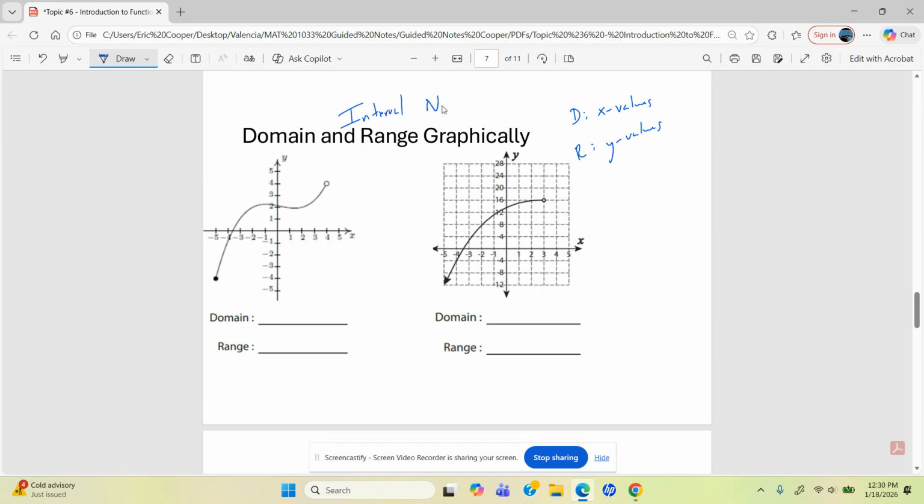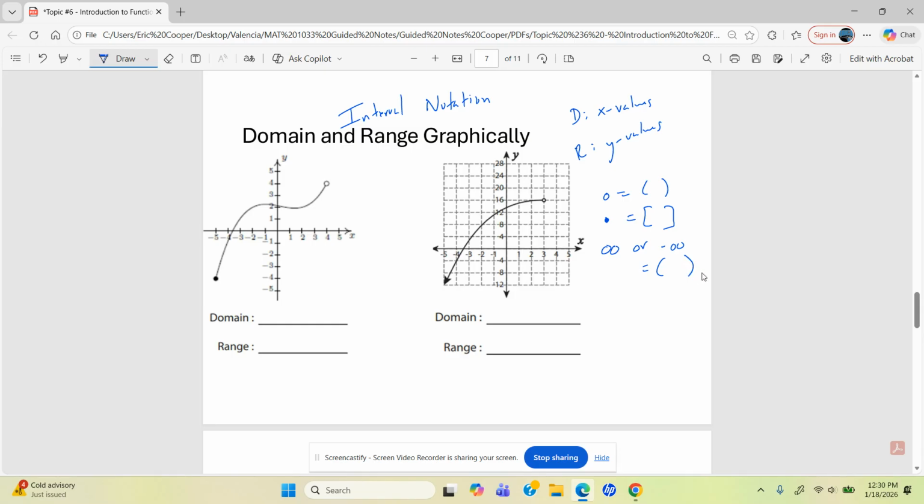So we have to go back and remember our rules. Open dots are going to end up being parentheses. Closed dots will end up being brackets. And anything with infinity, whether positive or negative, will end up having a parenthesis around it.